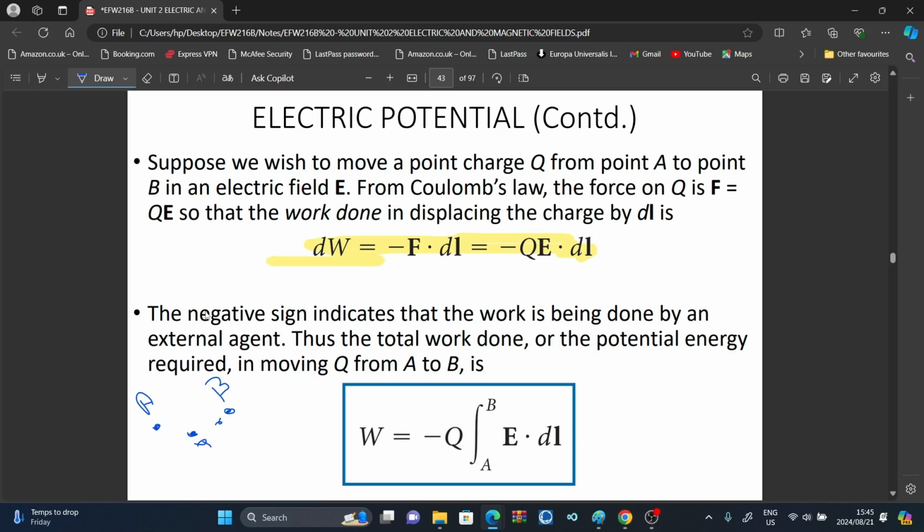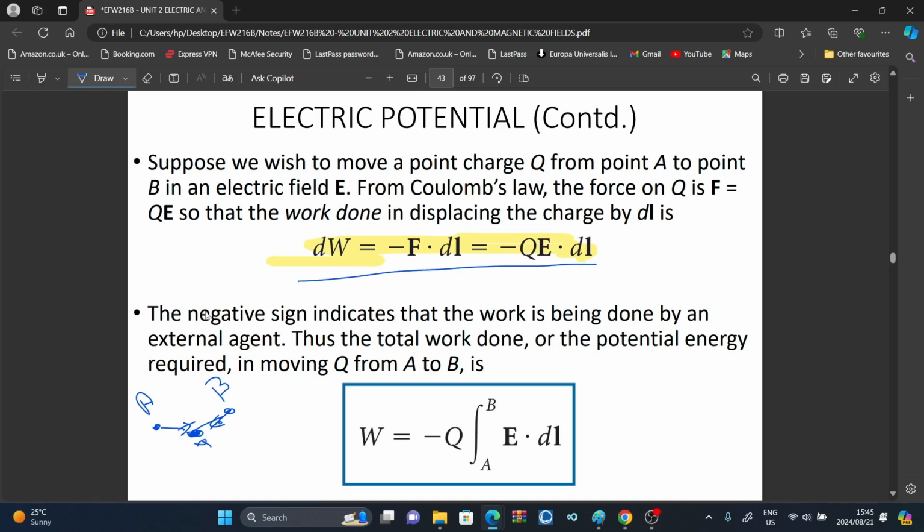So we want to see, with this equation of potential, what is the work done on point charge Q between A and B, using these functions here.